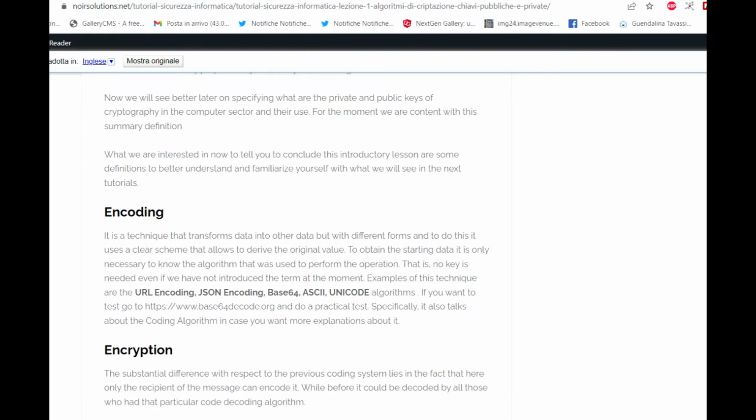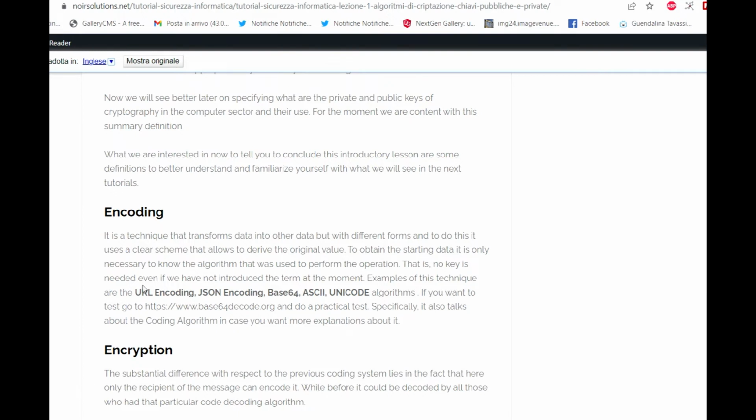What we are interested in now, to conclude this introductory lesson, are some definitions to better understand and familiarize yourself with what we will see in the next tutorial lesson.